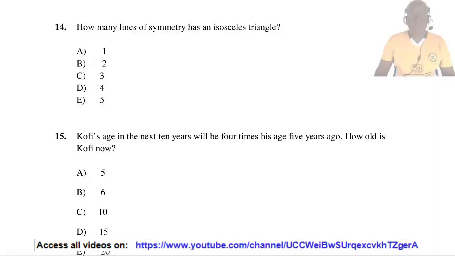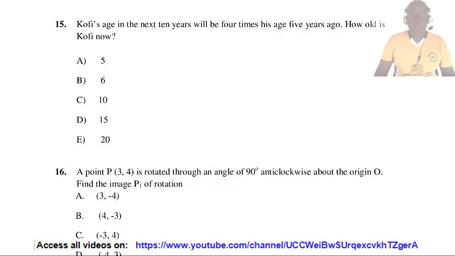Question 14. How many lines of symmetry has an isosceles triangle? An isosceles triangle has only one line of symmetry, so the answer is A. Question 15. Kofi's age in the next 10 years will be 4 times his age 5 years ago. How old is Kofi now?